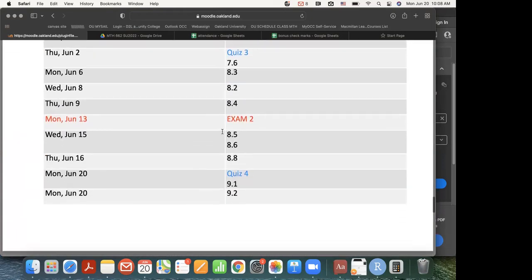So exam 2 will be 8.5, 8.6, 8.8, and 9.1. Now 8.8 is today, and we're not even finished. 9.1 is easy, I promise. We already did this. It's mostly review. 9.1 is solving quadratic equations, or you can factor and then set each factor equal to 0. Very easy stuff.